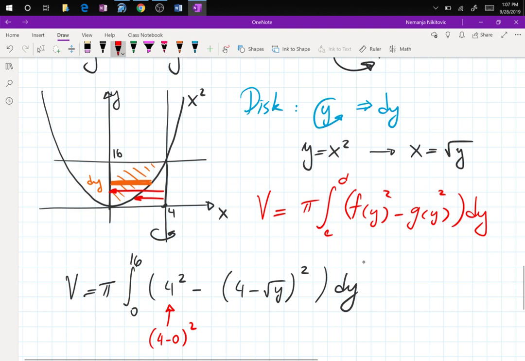This is absolutely crazy to do this way, because it's so much easier if you shift the function, you just move it. You just put that plus 4, because you shift it to the left, root y plus 4, and then you just do the regular boring integral from the section, and you're done.